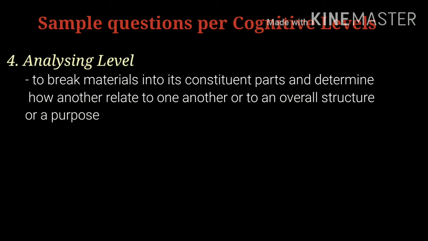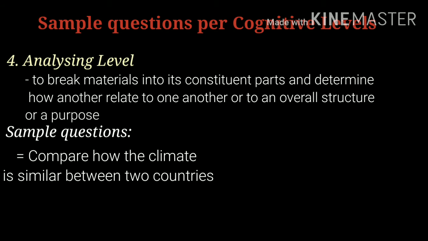So next is the analyzing level. This is defined to break materials into its constituent parts and determine how they relate to one another or to an overall structure or a purpose. So sample question: compare how the climate is similar between two countries.